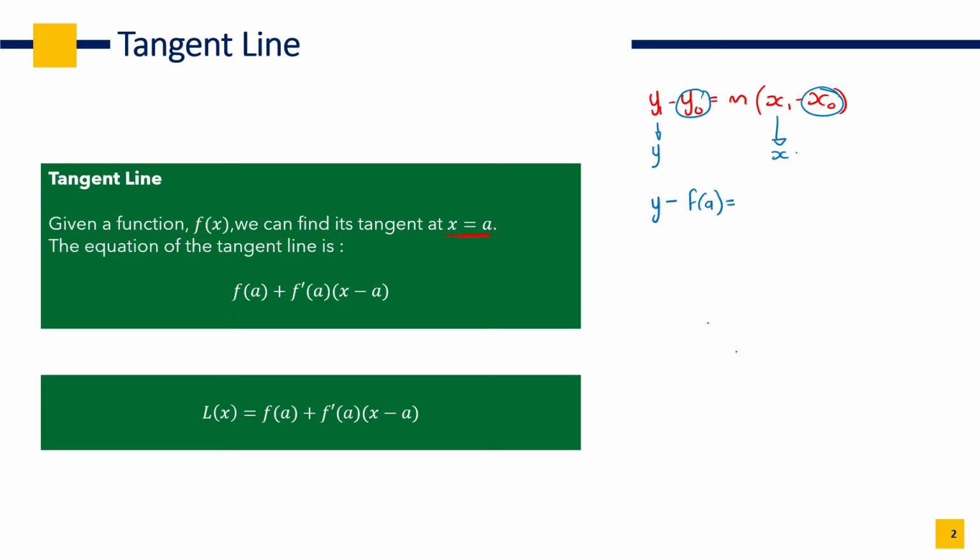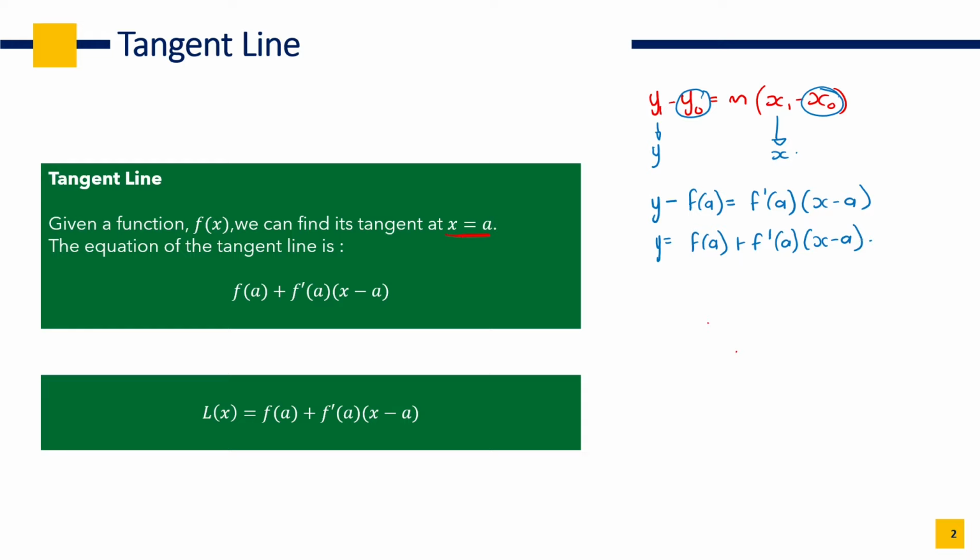And the gradient in this case, we know it's our first derivative, so it's f prime at a, times x minus a. And then we just make y the subject of the formula. So we bring this to the other side, and we get that equation for the tangent line.